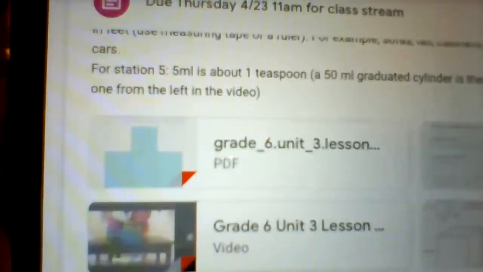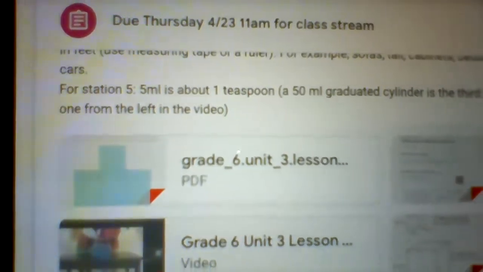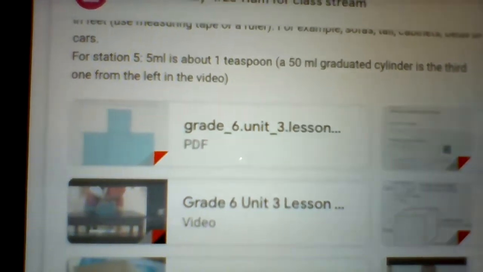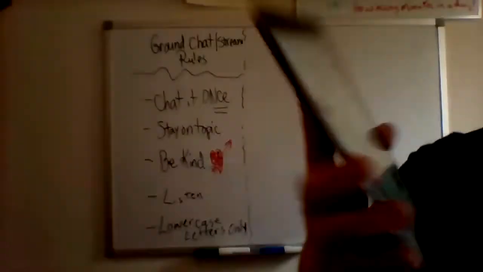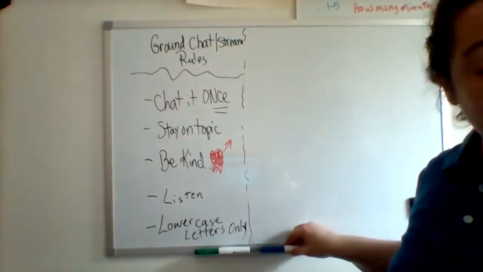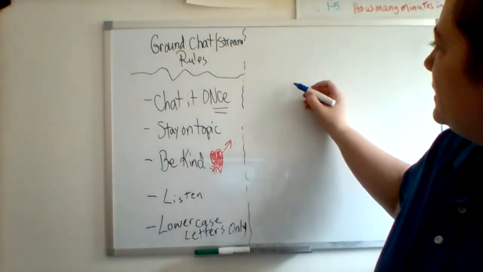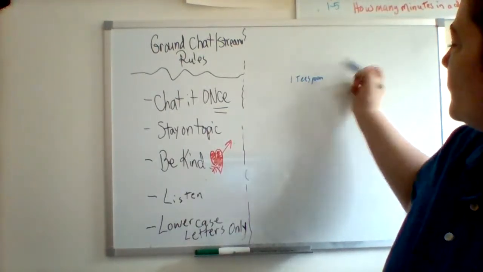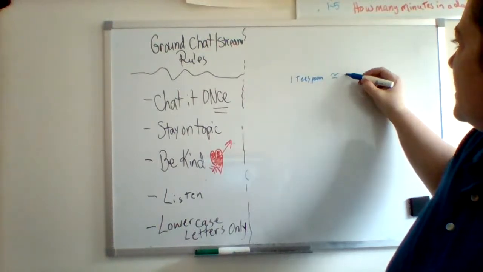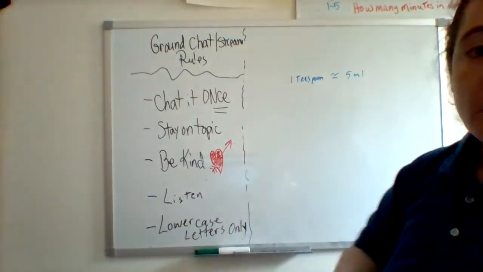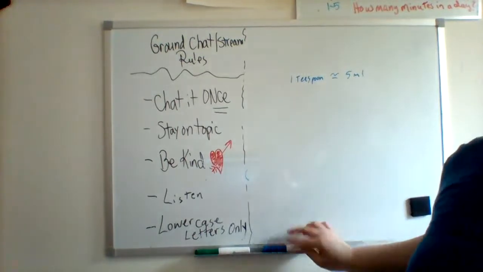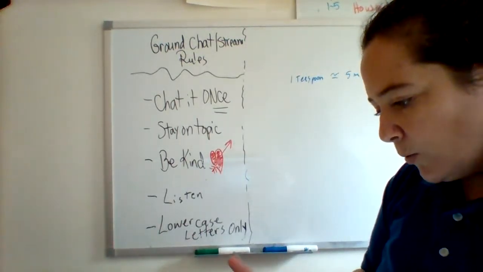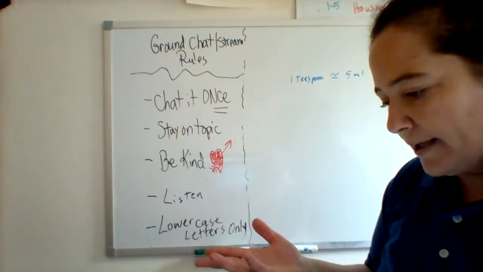In the instructions, I tell you that approximately 1 teaspoon is 5 milliliters. I also wanted to make sure that you remembered what a graduated cylinder even looks like.